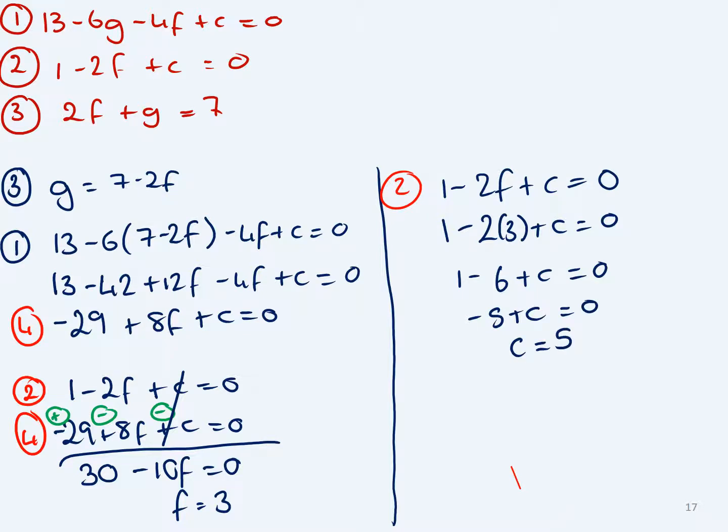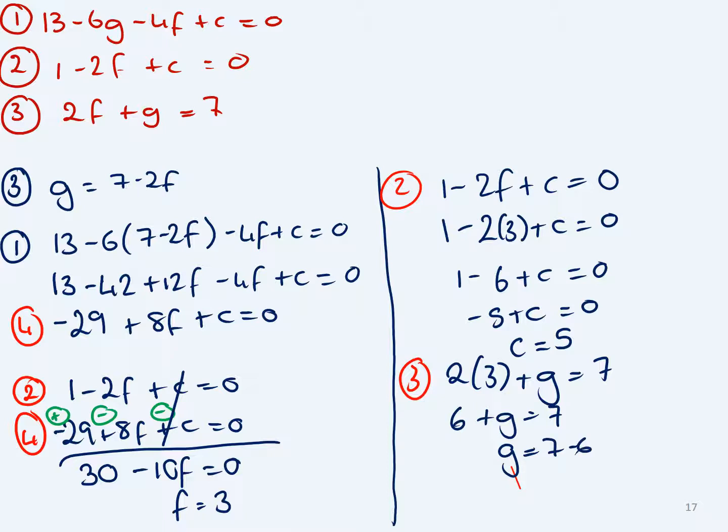And we'll go to the third equation then, subbing in for f to work out our g. So 6 plus g equals 7, g is equal to 1. So our three unknowns in this case, f is 3, c is 5, and g is 1.